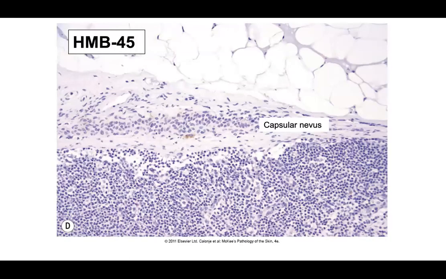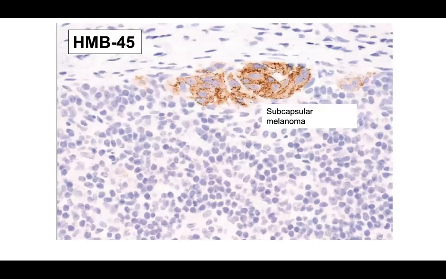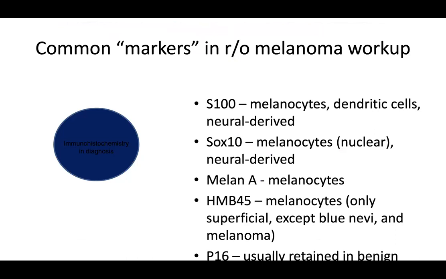Here's an example of showing that HMB45 negative staining. Here's a subcapsular melanoma. So this shows you that presence of HMB45. It's in the parenchyma of the actual lymph node proper here. So common markers in melanoma, as I mentioned, we already went over these.